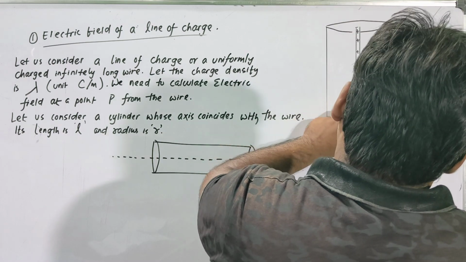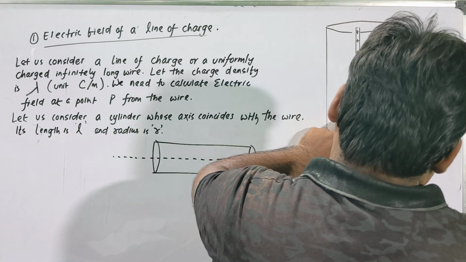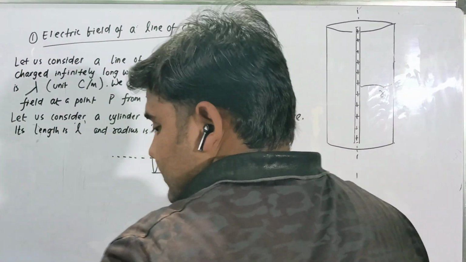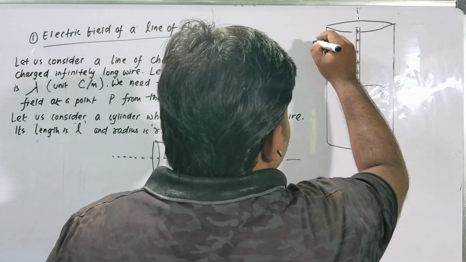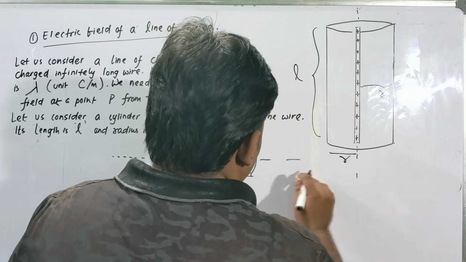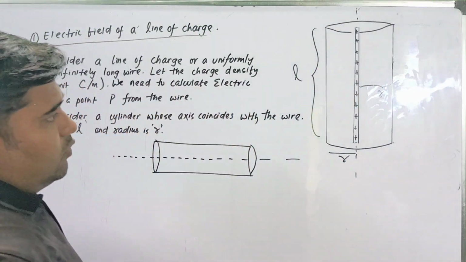This line is much longer. The length is L and radius is R, and the axis of the cylinder should coincide with the wire.